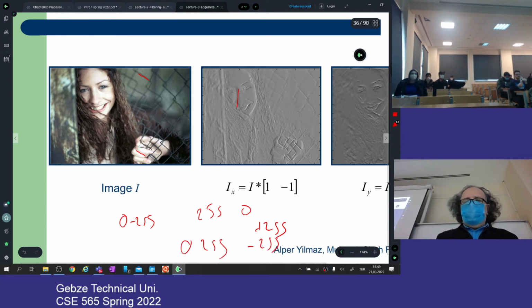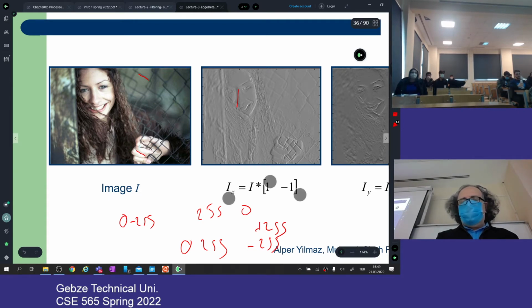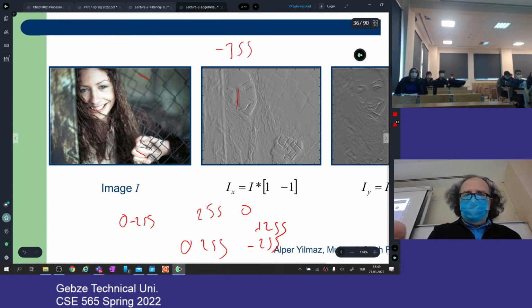So my numbers out of this convolution operation change between minus 255 to plus 255.